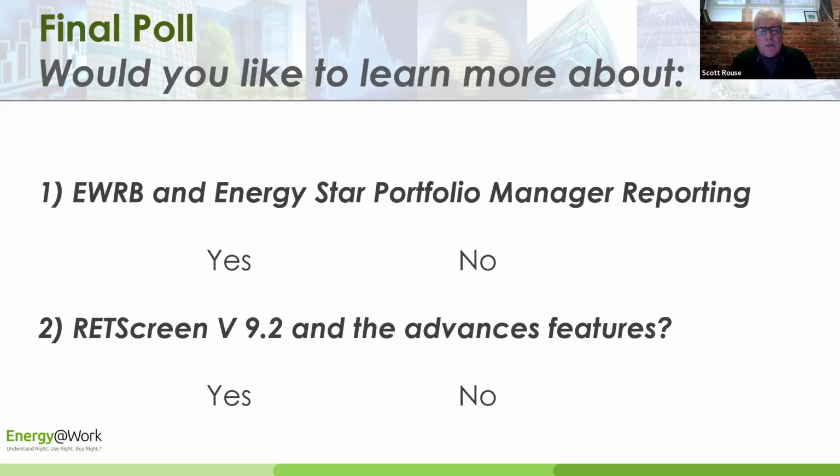When we started this workshop last year, we were really focusing on EWRB and Energy Star and how RETScreen can help. Then as we started working with it, we realized the power of RETScreen, so we've expanded the workshop. So really looking for you to say, would you like to see more information on either one of these topics?